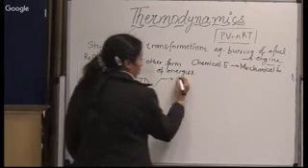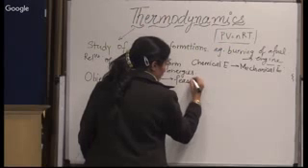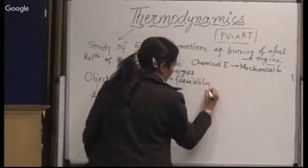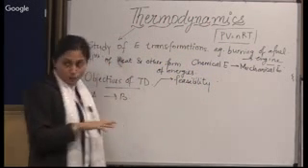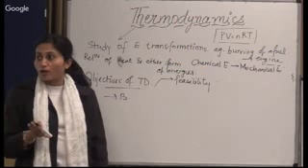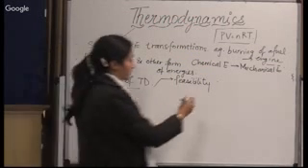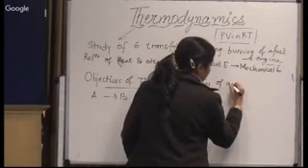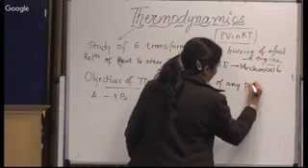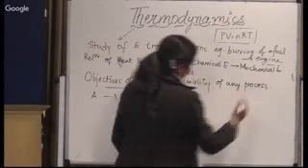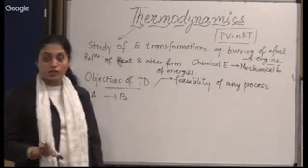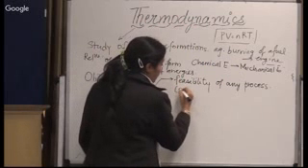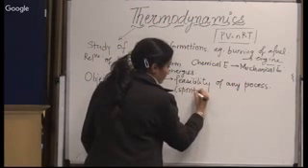That I will get to know from the study of thermodynamics, because the laws of thermodynamics which we will be doing talk about the feasibility of any process. Feasibility of any process means whether the process is going to occur or not occur, and feasibility is also termed as spontaneity.